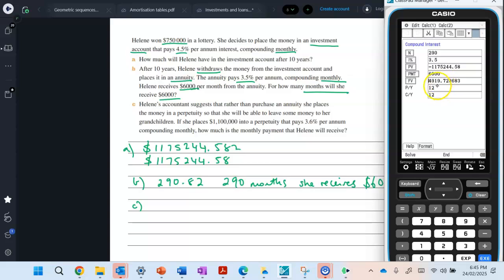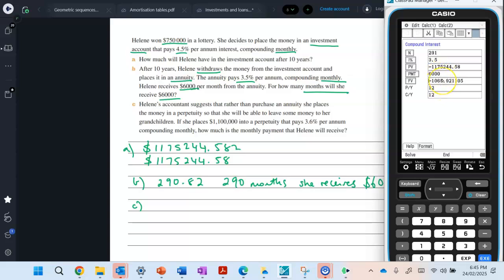Oh, sorry. It's $4,919 after the 290. So if we go to 291 and I click on my future value, what I need to do is the difference between the 6,000 and the 1,065.